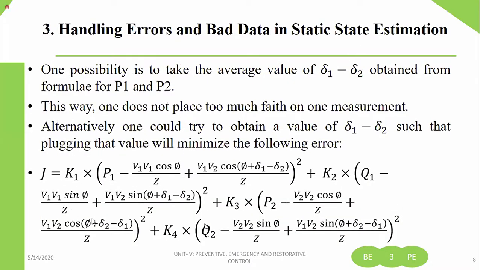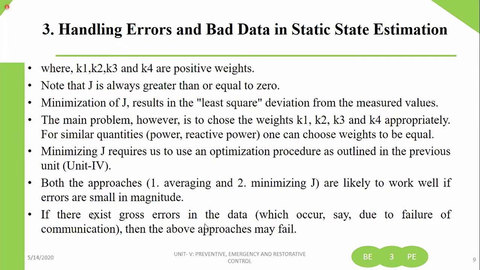What you can do is take an average, and another way is to try to minimize the error. But even doing this, if you are not able to record the data properly, or if there is a huge or major error in your data, then these two methods will fail.